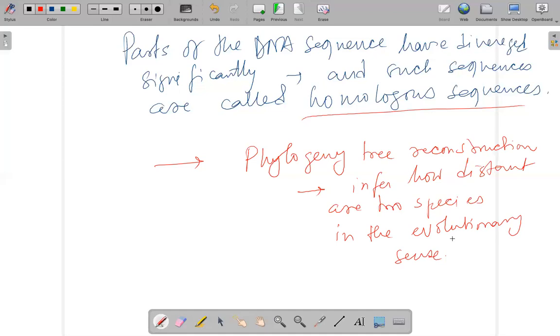This can have a lot of implications in drug discovery, etc. Because if you have discovered a drug for one species, and if that species is close to another species in terms of its distance on the phylogeny tree, then probably the same drug could be used for the other species also. So that's why homologous sequences and phylogeny tree reconstruction form a fundamental problem in molecular genetics.